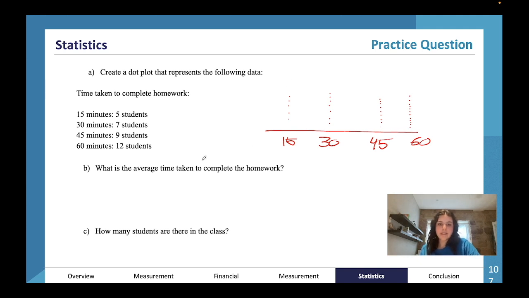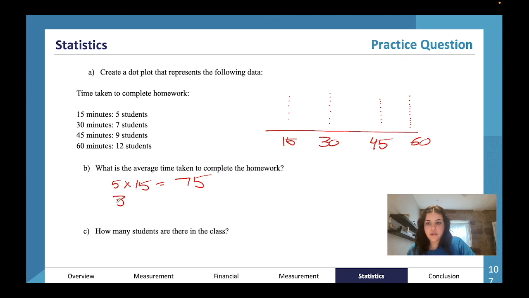What is the average time taken to complete homework? So we'd need to find the average by adding them all together and then dividing by the number of people involved. So 5 people take 15 minutes. So we've got 5 times 15. 5 times 15 would be 75.